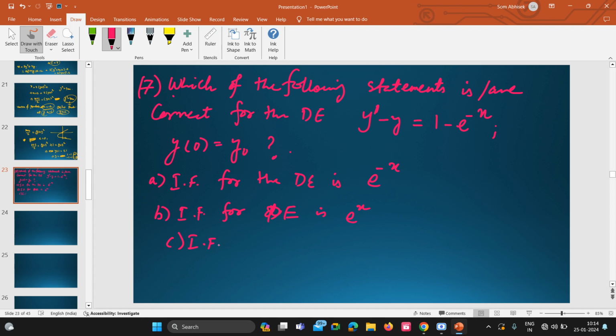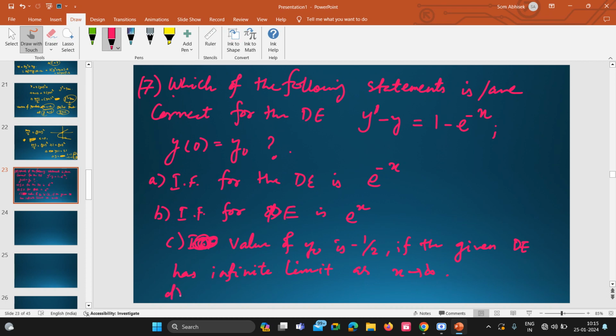Option C, value of y naught is minus 1 by 2 if the given differential equation has infinite limit as x tends to infinity.